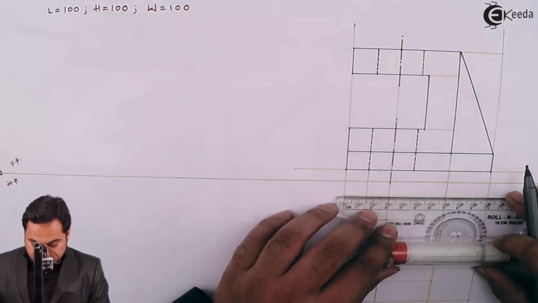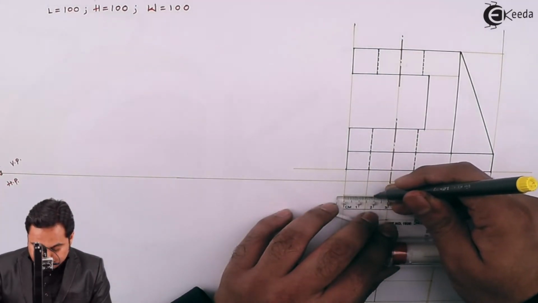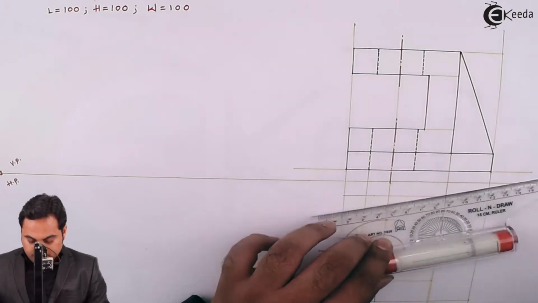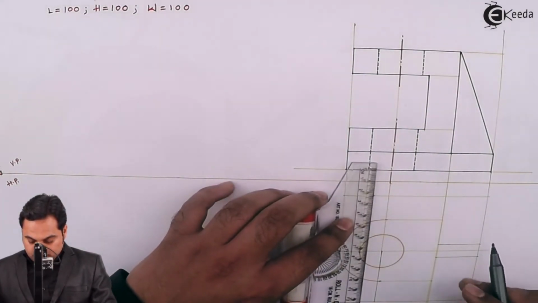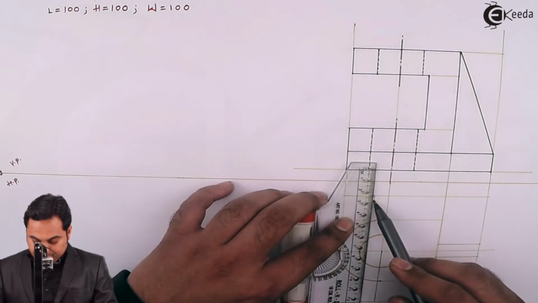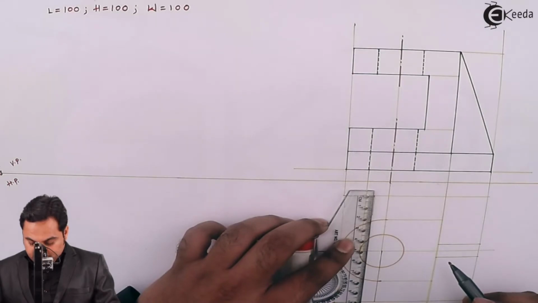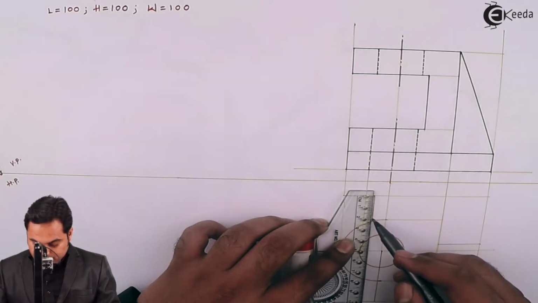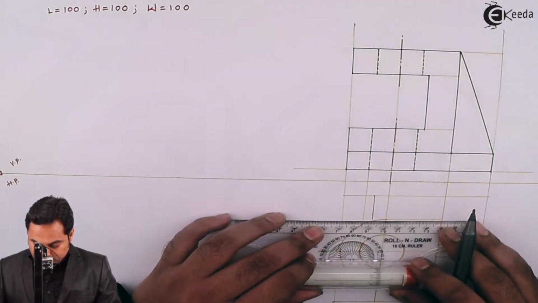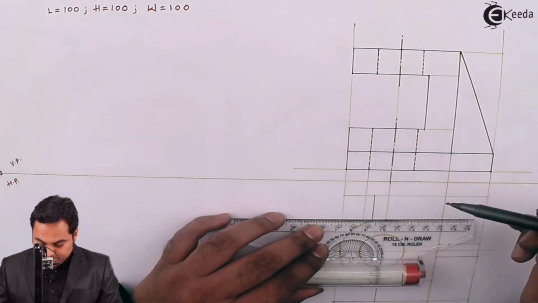For that I'll measure 20 from one corner and then draw a light vertical line through this point. Next, over this vertical line I'll again measure a distance of 20 mm to get the center, and then draw a light horizontal line through it.